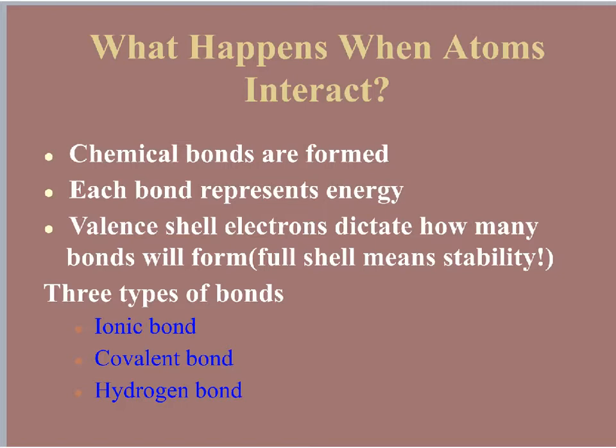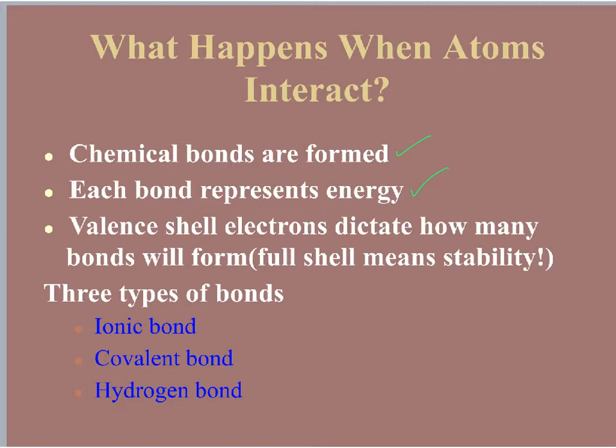So we know that bonds are formed when atoms interact, and there are a variety of bonds that can form. Remember, those bonds represent energy. So when a bond is formed, that bond represents energy, and if that bond is broken, energy is released.